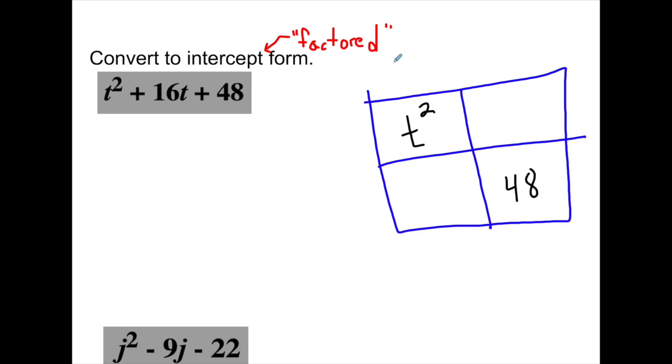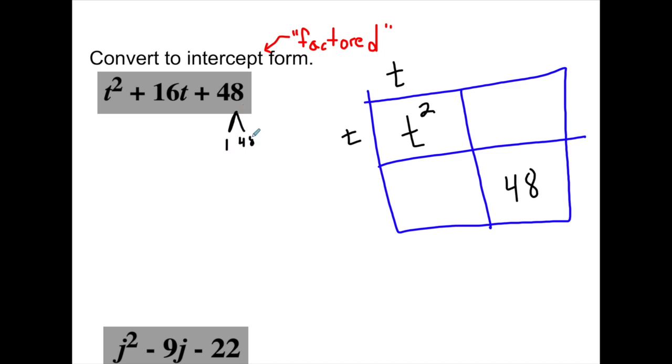If this contained a t, or if this contained a t, then this 48 would have to contain a t, but we know 48 does not. So that's how we know that the top up here and the bottom down here are going to be just numbers. Now, how can I multiply two numbers and get 48?